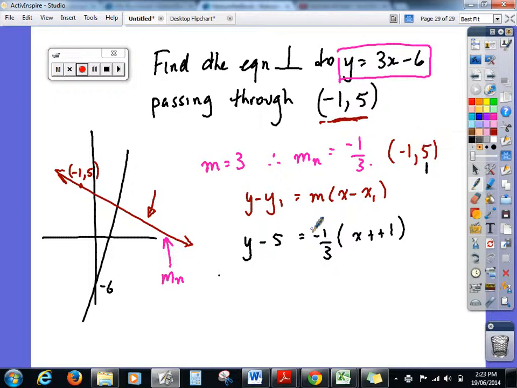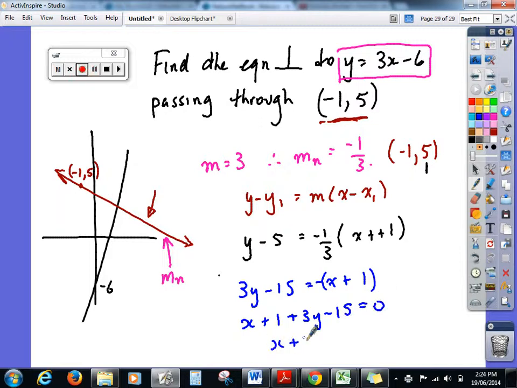So multiplying throughout by 3, we get 3y minus 15 equals negative x plus 1. And bringing it over, you get x plus 1 plus 3y minus 15 equals 0. And then you get x plus 3y minus 14 equals 0. So that's two examples.